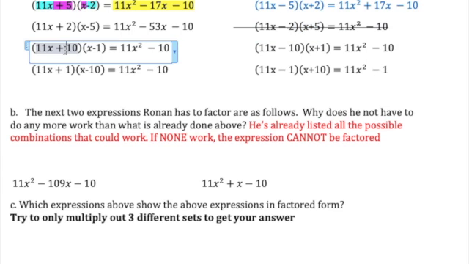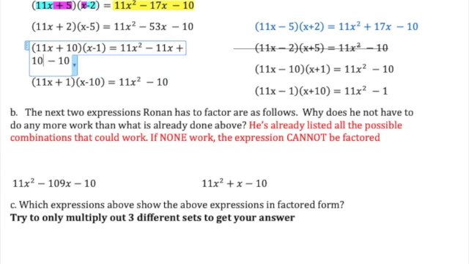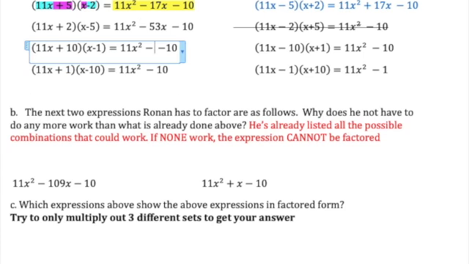Let's try out this next one. Here I've got 11x times negative 1, that's negative 11x. Probably not that one. And then plus 10 times x is plus 10x. Here we go. So negative 11 plus 10 is negative 1x, which is close to this, but it's the wrong sign.